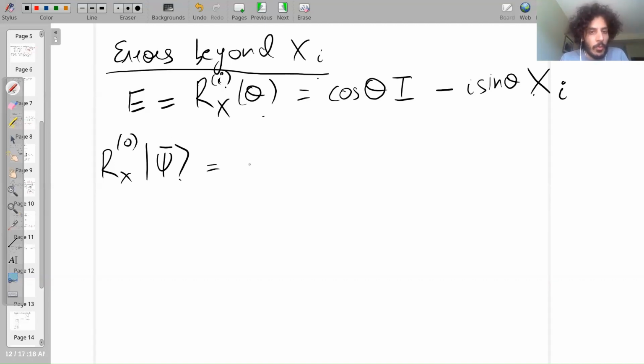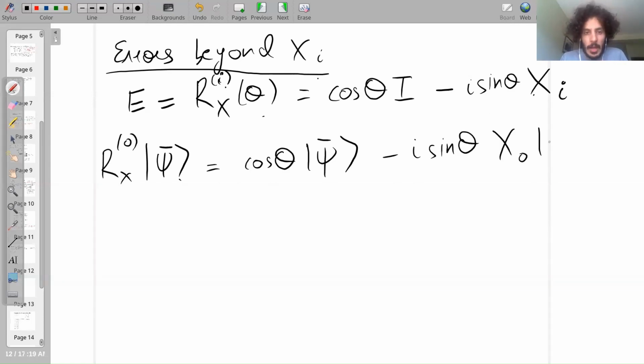What will end up happening is that I'll get cos theta psi bar minus iota sine theta x0 acting on psi bar, right? I hope everybody's with me.